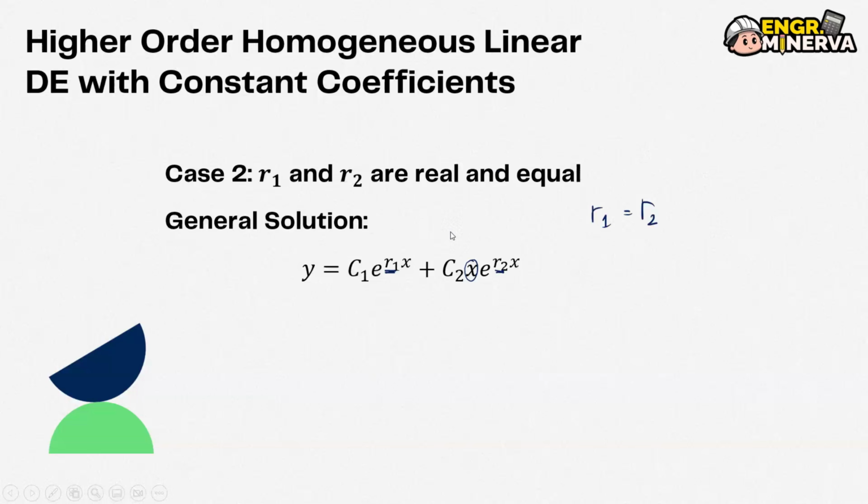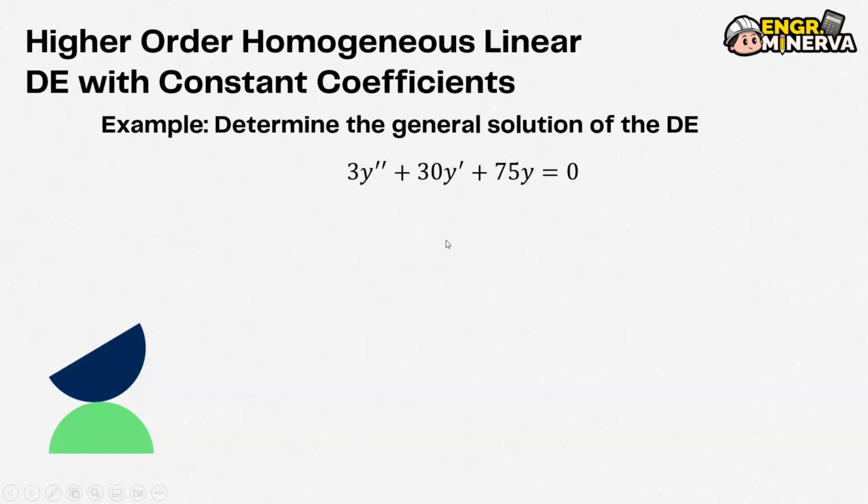Determine the general solution of the DE. Again, we convert this into our characteristic equation, 3r squared plus 30r plus 75 equals 0. The value of A is 3, the value of B is 30, and the value of C is 75. What would be the value of the two roots?